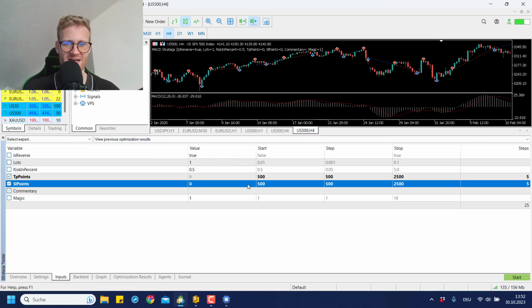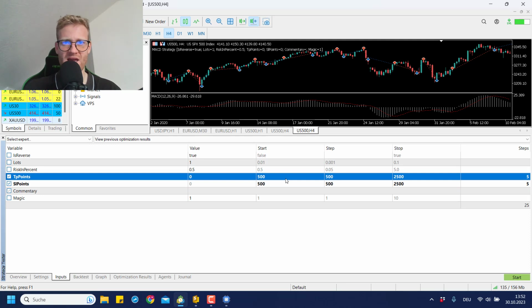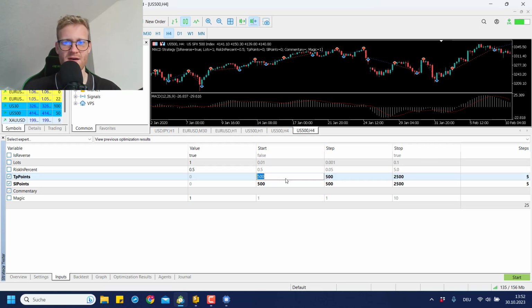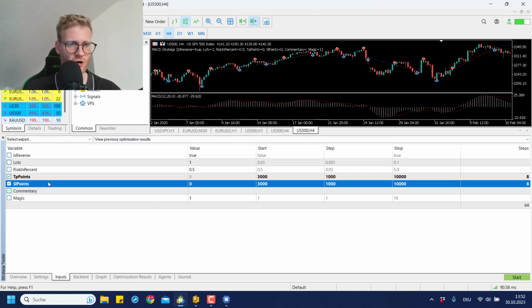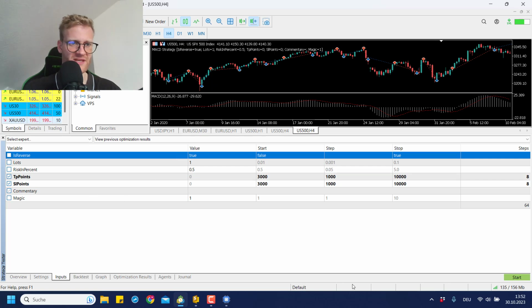This is what the tester told us, and we can say we want to have TP points of, I don't know, maybe let's start with 3000 for TP and SL, and the step should be something like 1000, which is 10 points here, and we end at, I don't know, maybe 100,000. Something like this could be tested. So yeah, I will just give it a go. I hope that these settings make sense.